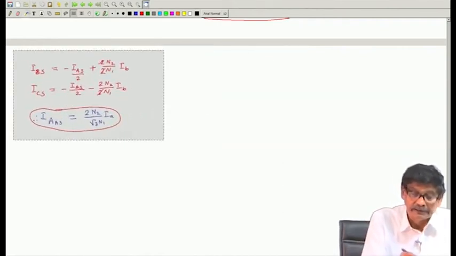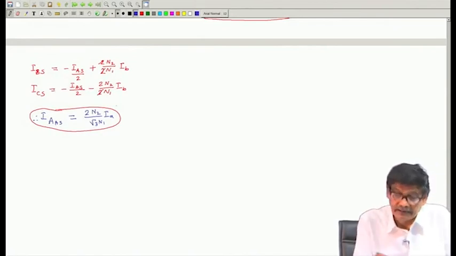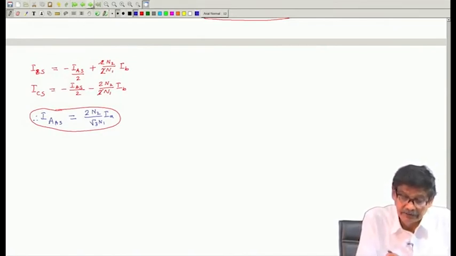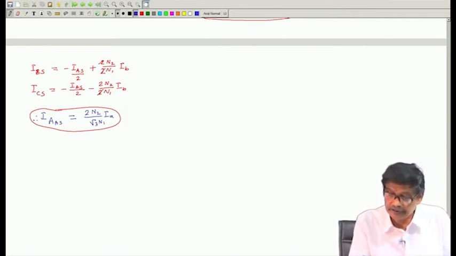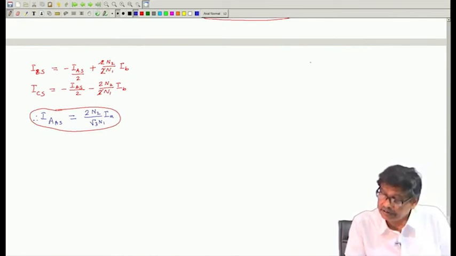So, this is the thing IAS, IBS and ICS, and let me draw the phasor diagram of the secondary side voltage and primary. So, that phasor diagram is also needed to indicate that.